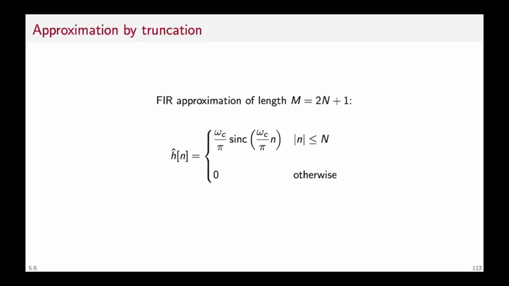For the time being, we don't worry about causality, so we preserve the symmetry around zero of the impulse response, and we approximate the ideal filter with an FIR of length 2N+1 centered around 0. And so here, ĥ[n] is equal to ω_c/π times the sinc of ω_c n/π for |n| ≤ N, and 0 everywhere else.